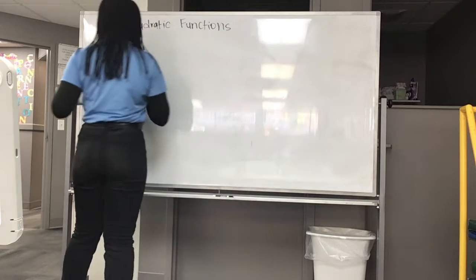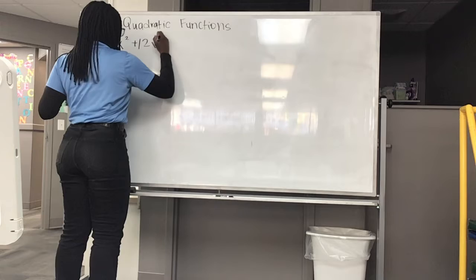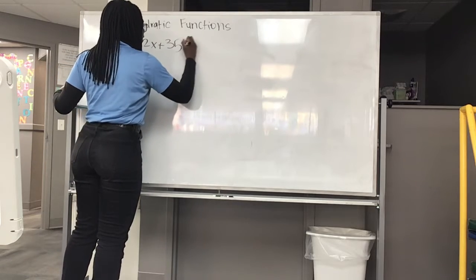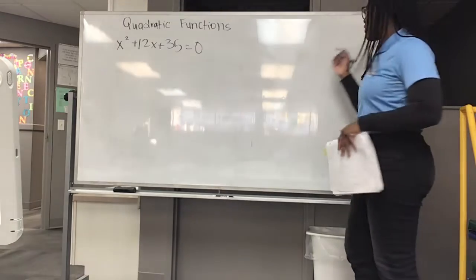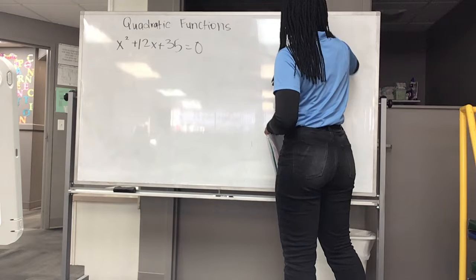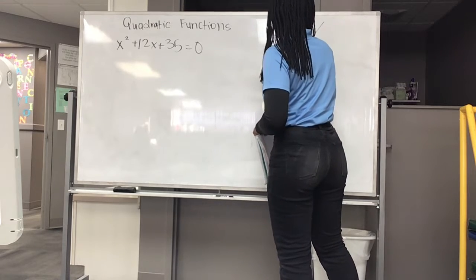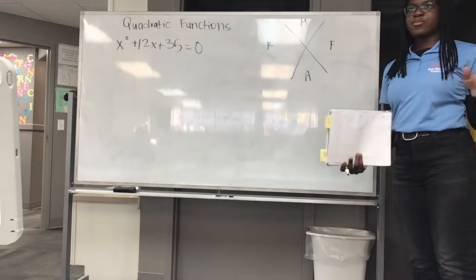So my next example is x squared plus 12x plus 35 equals 0. So again, we're going to use the marking way. So let me set up my two x's. Then it goes M, A, R, F. Okay. So can anyone tell me what the first step would be?